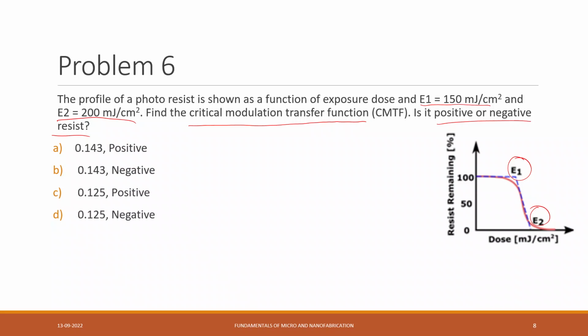Although there is something called resist contrast, this is also a factor that can help us know how the contrast is varying with the dose. Yeah. So essentially it is kind of the same only.